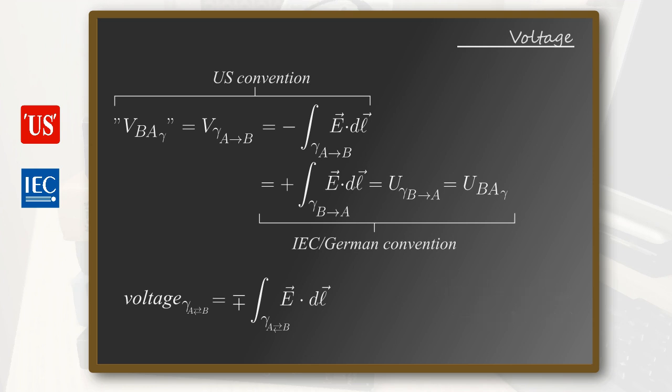The IEC German notation uses the symbol U and puts the initial point first, as in U sub BA, while the US notation uses V and puts the final point first, as in V sub BA.